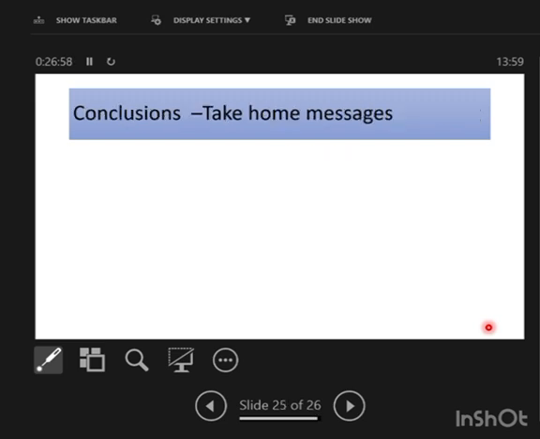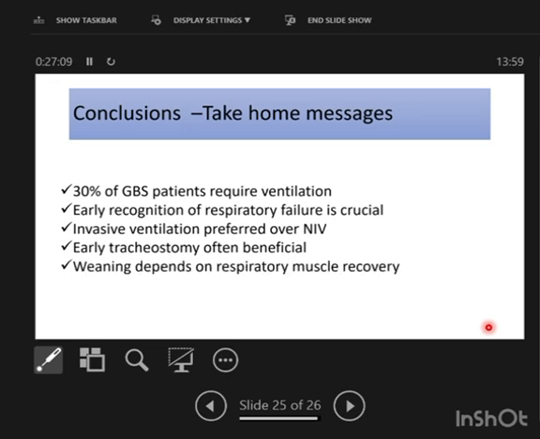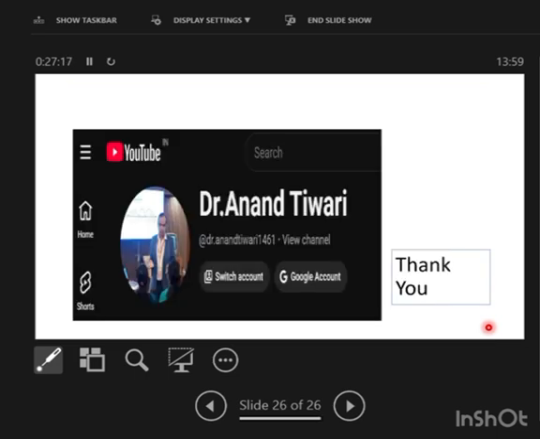So the take home message in GBS: 30% require ventilation, so early recognition. Invasive ventilation is preferred, don't try NIV. Early tracheostomy is often beneficial, and weaning depends upon respiratory muscle recovery. Prevent ICU complications aggressively.